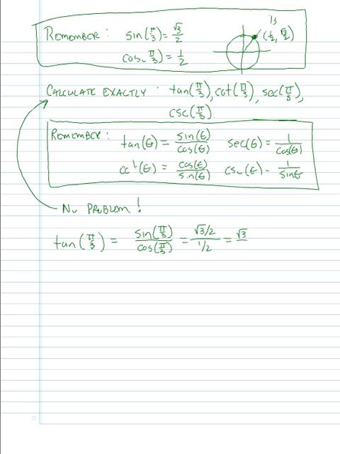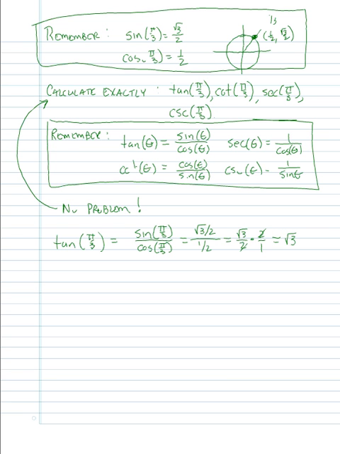We take the square root of 3 over 2 and multiply by the reciprocal of the divisor. The reciprocal of 1 over 2 is 2 over 1. So we'd get nice cancellation, and we'd get the square root of 3. Now you're not going to memorize that the tangent of pi over 3 is the square root of 3. You're going to memorize what the sine of pi over 3 is, the cosine of pi over 3, and how we calculate tangent. That's what you memorize.